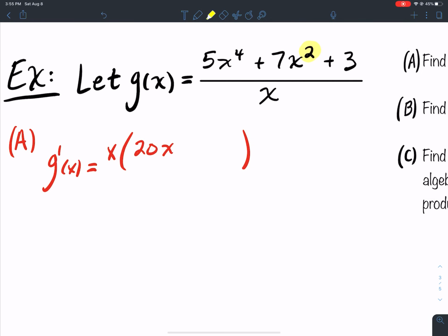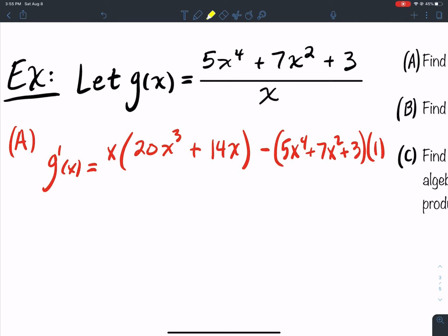And then plus, now bring the 2 out front, multiply, that's 14 times x to the 1, and then the derivative of 3 is just 0. So low, d high, minus high, so all that goes in the parentheses. D low, the derivative of x is just 1, all over low, so x times x is x squared.